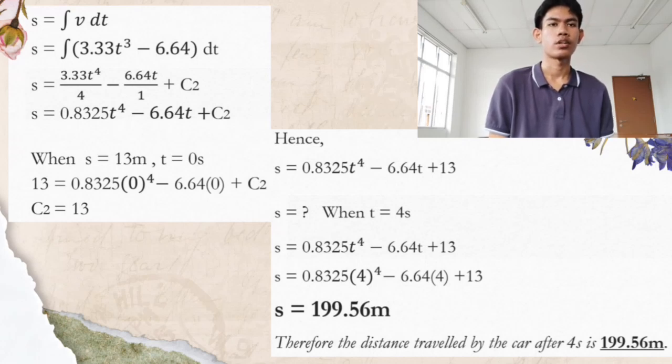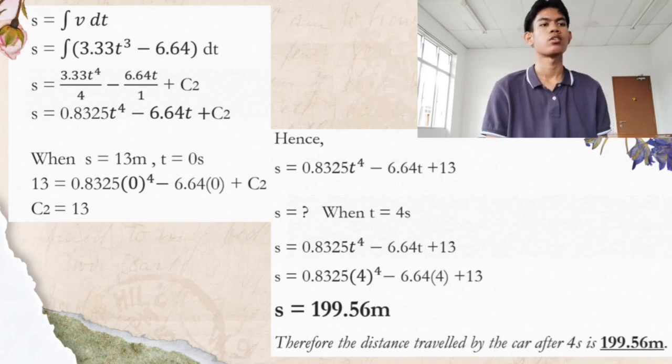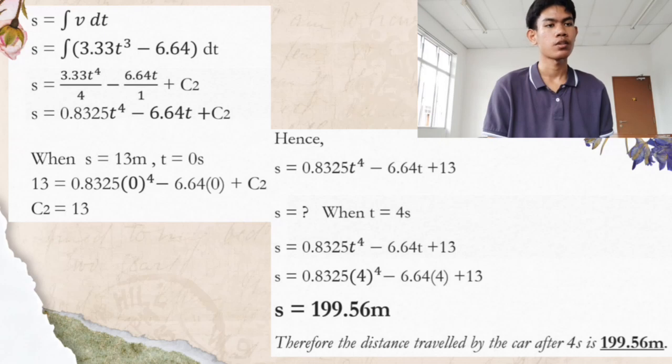To find the s when t equals 4 s, s equals 0.8325 bracket 4 to the power of 4 minus 6.64 bracket 4 plus 30, and the answer s is 199.56 m.